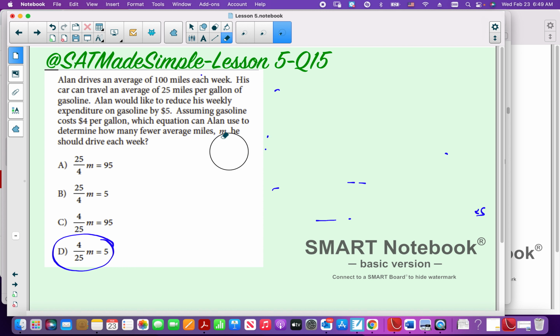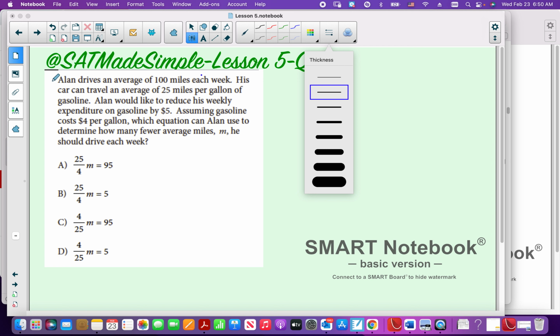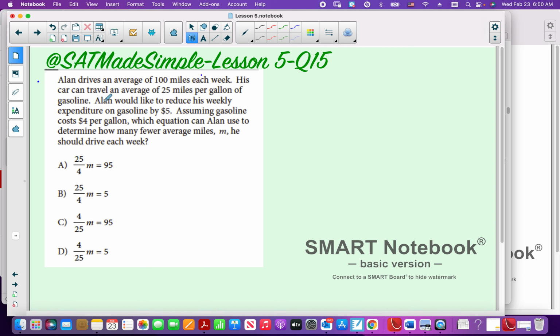This question is about, again, translating given data into an equation. The question tells us that on average this car that Alan drives can cover 25 miles per gallon.